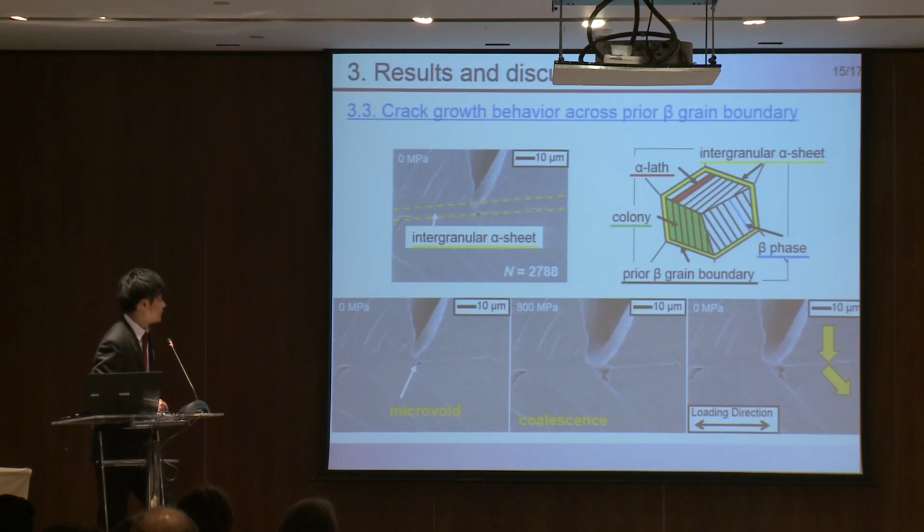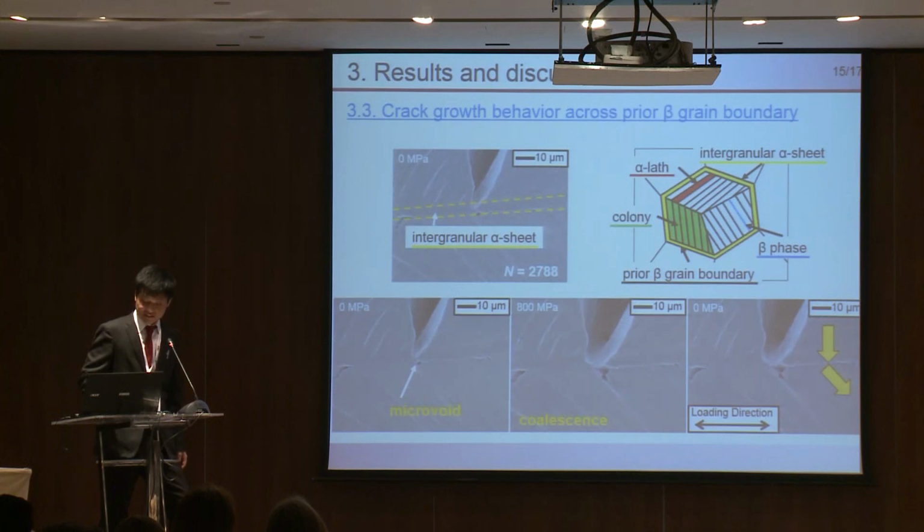At first, when the crack tip reached the intergranular alpha sheet, a tiny void formed in front of the crack tip and at the interface between the intergranular alpha sheet and the colony. Then it subsequently coalesced with the crack tip, and after crossing the prior beta grain boundary, the crack growth direction changed.